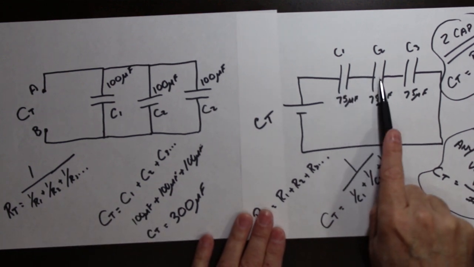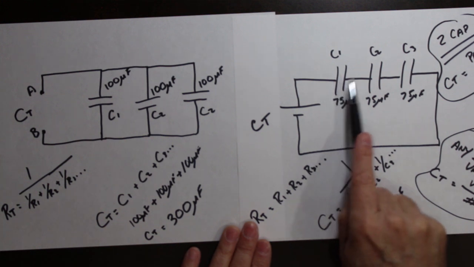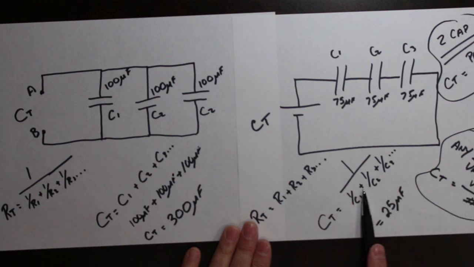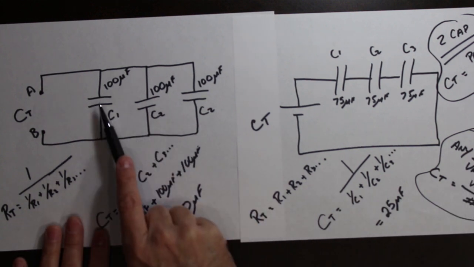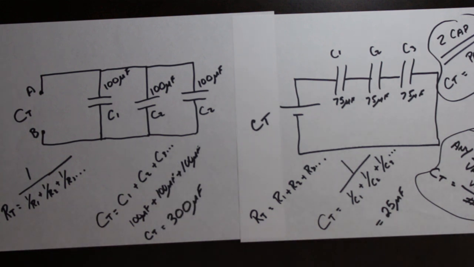If you are calculating in series, you must use one of these formulas. Series, again, you use one of these formulas. In parallel, you add them. And you can work your way through any complex capacitor circuit.